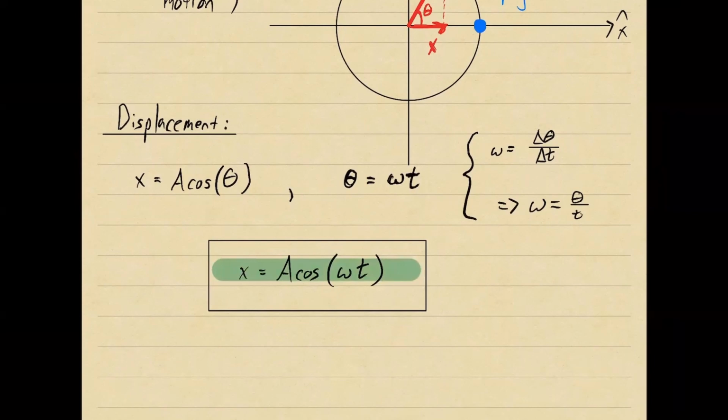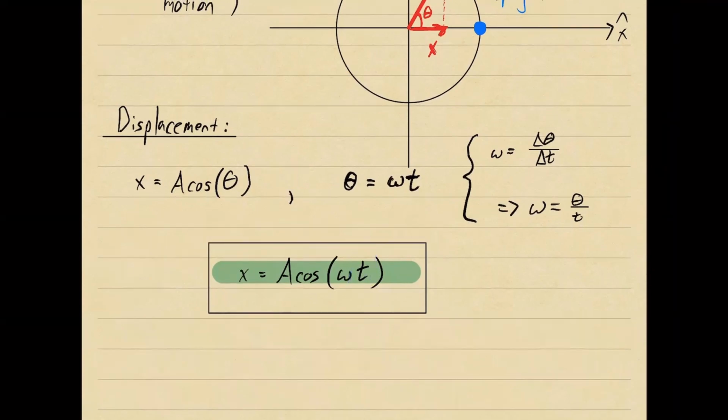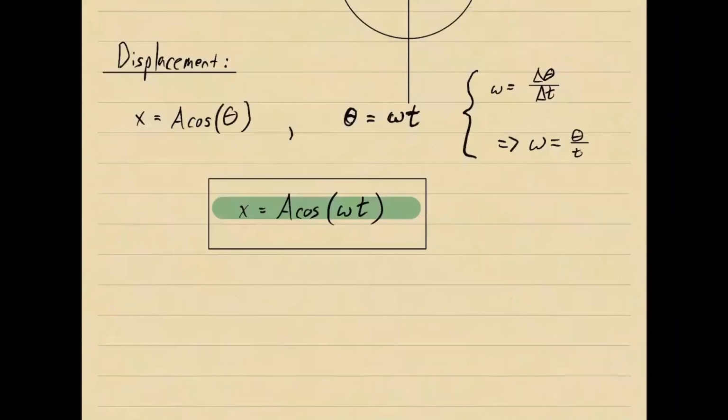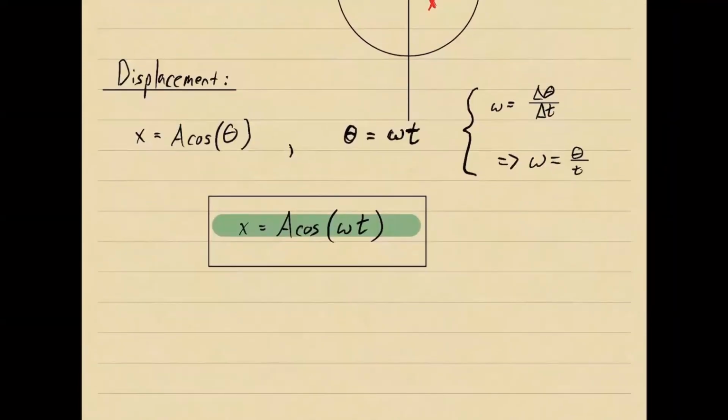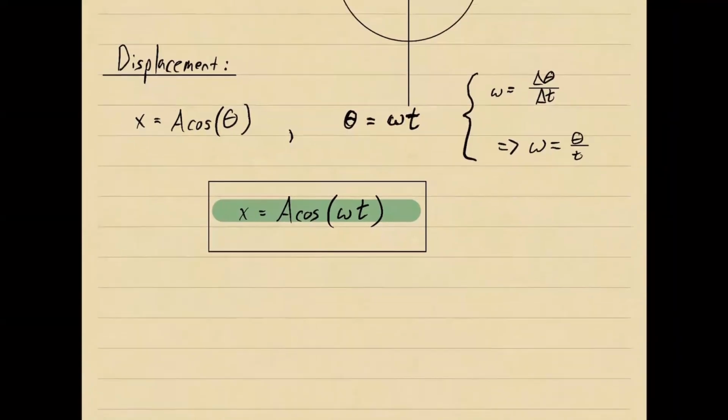So this literally describes the position of our simple harmonic oscillator. In this case, we're talking about springs, so it's going to be the displacement of our spring as a function of time. You plug in a time, and that'll tell you your displacement, provided you know how fast this thing's going around this reference circle. But we'll do some problems, so please just hang in there.